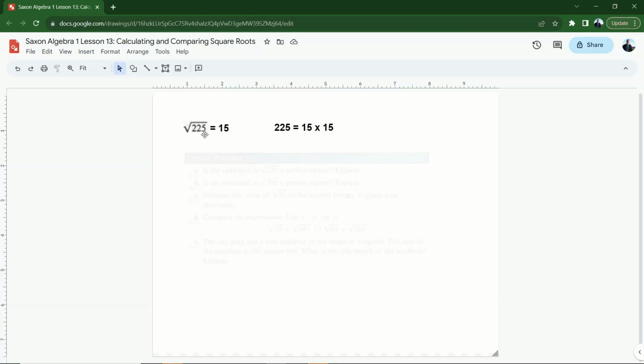That means that if the number under your radical ends in the numbers 2, 3, 7, or 8, it can't possibly be a perfect square. You can discount it right away. You know that it's not going to evaluate perfectly. However, if the number under the radical ends in the digit 0, 1, 4, 5, 6, or 9, that means it might be a perfect square.